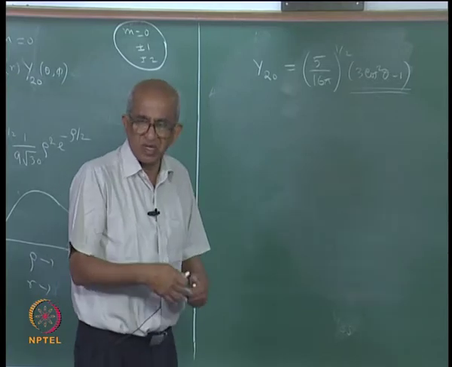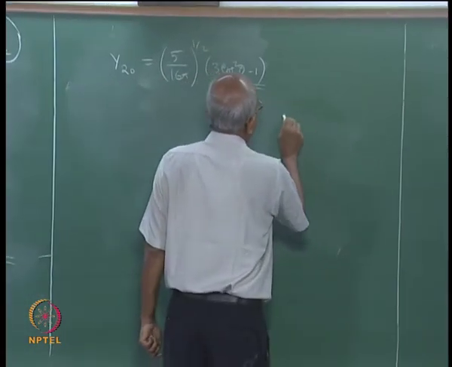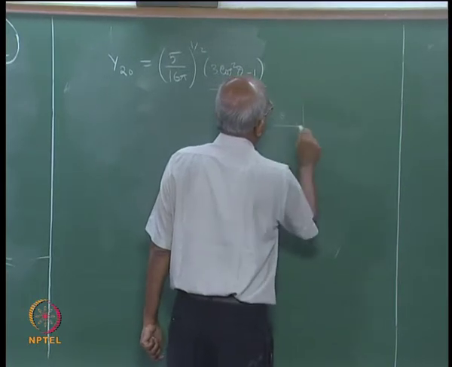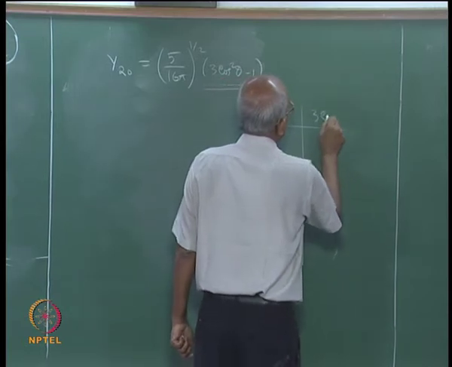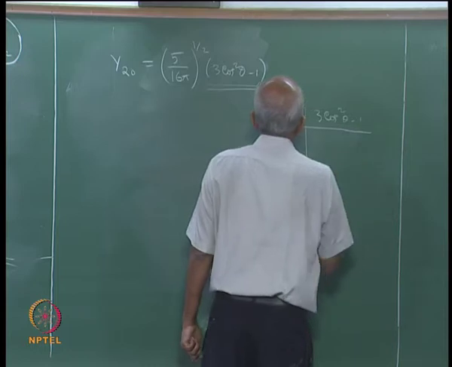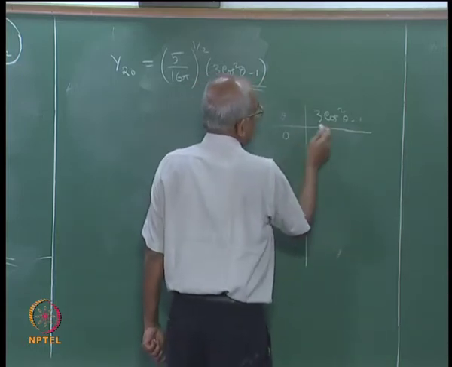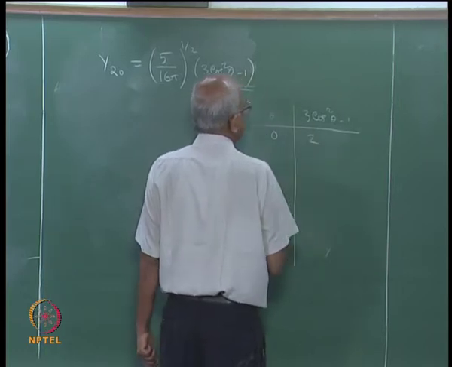Let me do it very quickly because we know the procedure now. The first thing that I will do is make a table of theta and values of 3 cos square theta minus 1. If I put theta equal to 0, I can easily evaluate it. I shall get the answer 2.